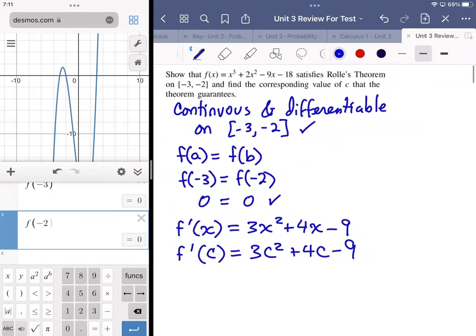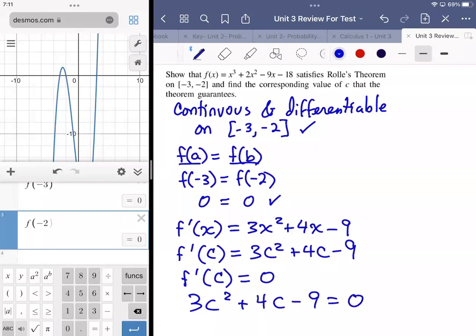Rolle's theorem says that if your two y values are the same, there must be some instance where the derivative is equal to 0. And that instance would be the c value. So 3c squared plus 4c minus 9 has to be equal to 0.